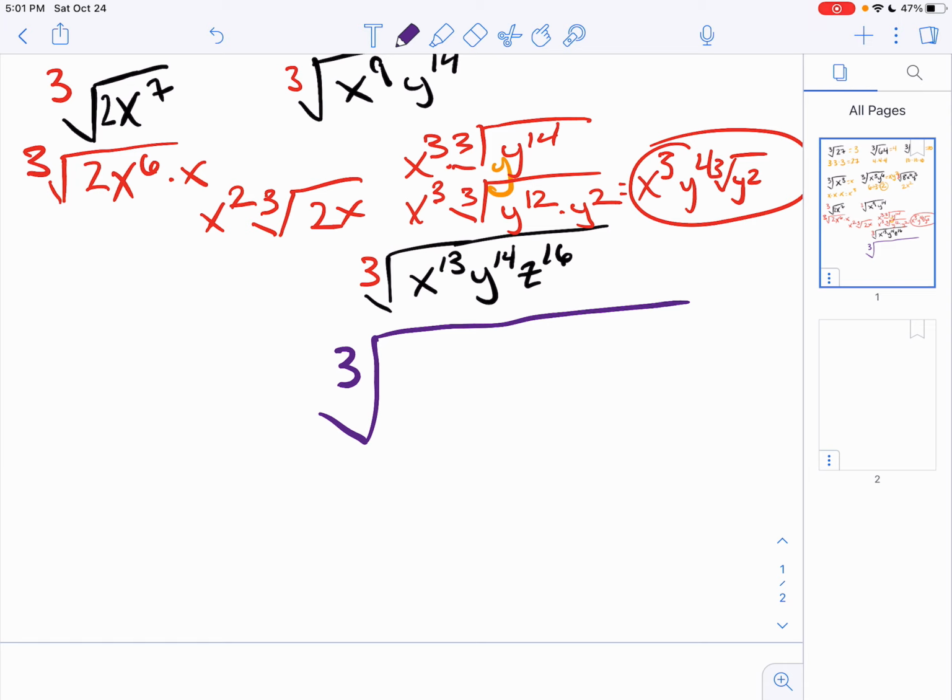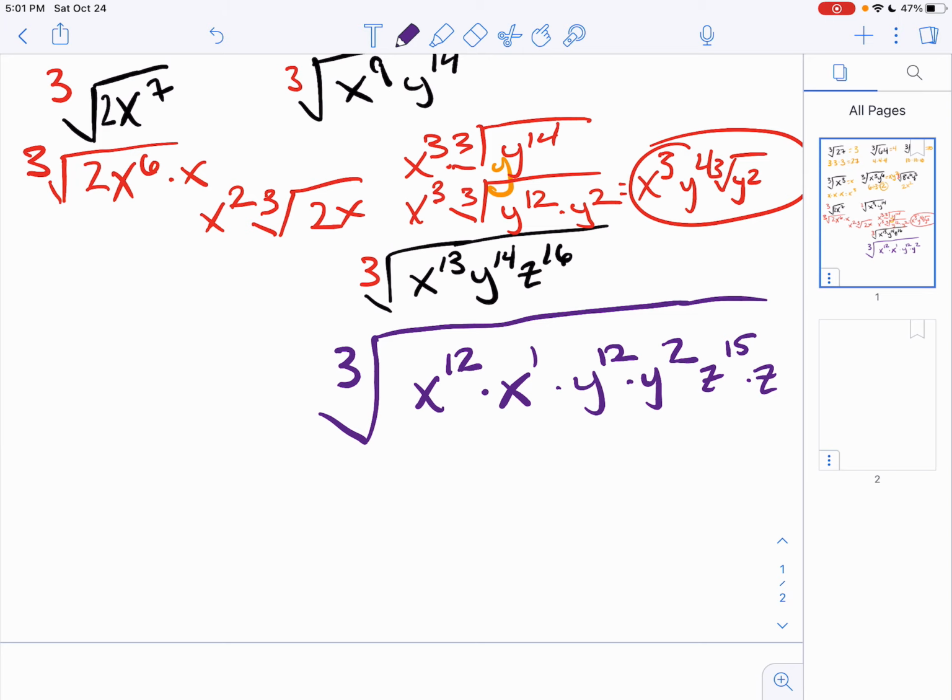I can change x to the 13th into x to the 12th times x to the first. Y to the 14th, the closest thing that's divisible by 3 is 12, so I can make this y to the 12th times y squared. And z to the 16th, the closest thing is 15, so I can make this z to the 15th times z.